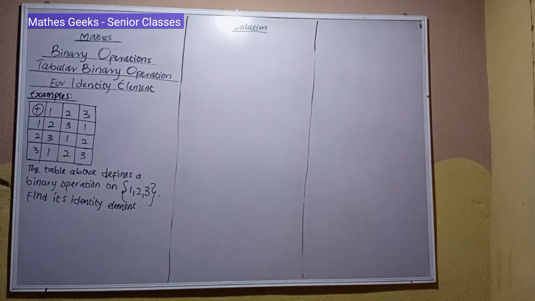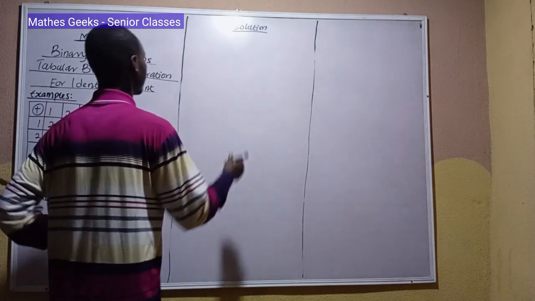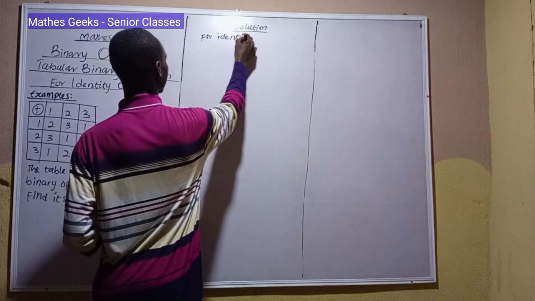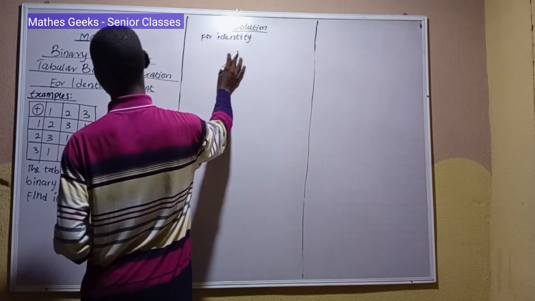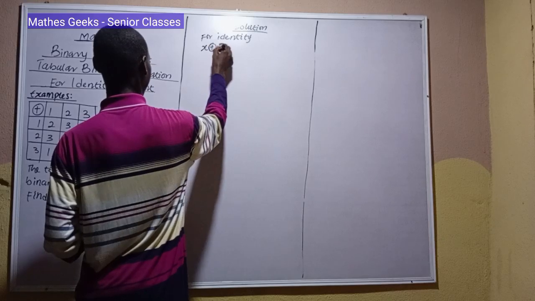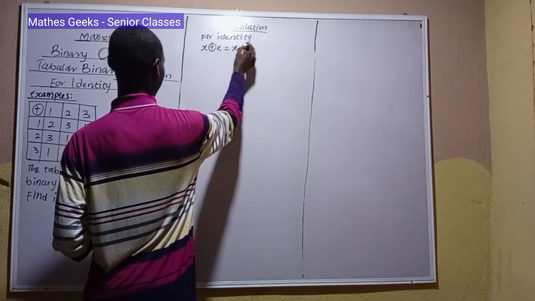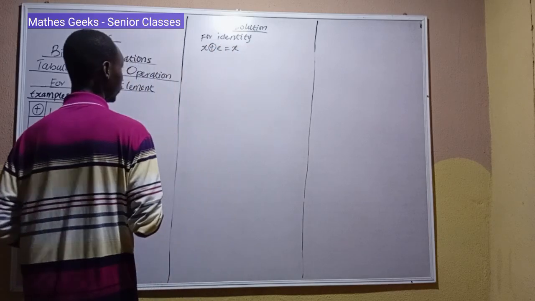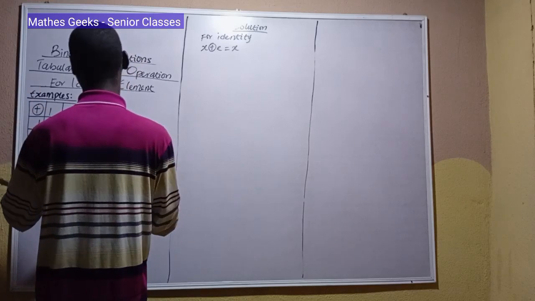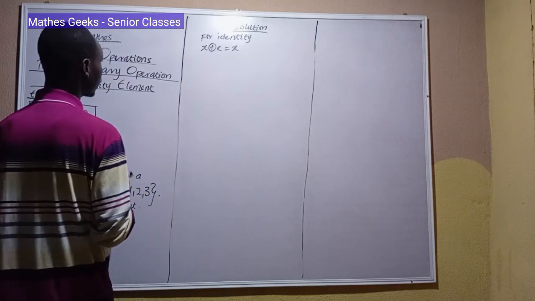The table above defines a binary operation on 1, 2, 3. Find its identity element. So for identity, X operation E should give us what? X. So let's see what the operation here will give us.